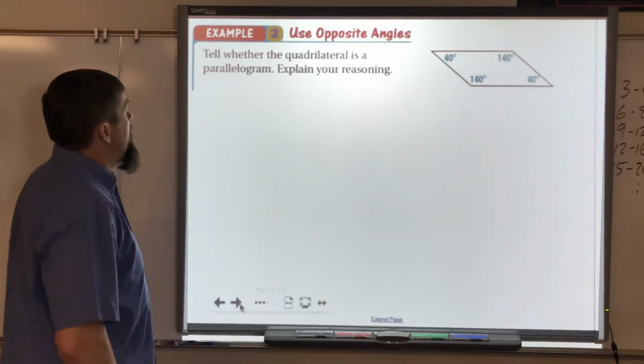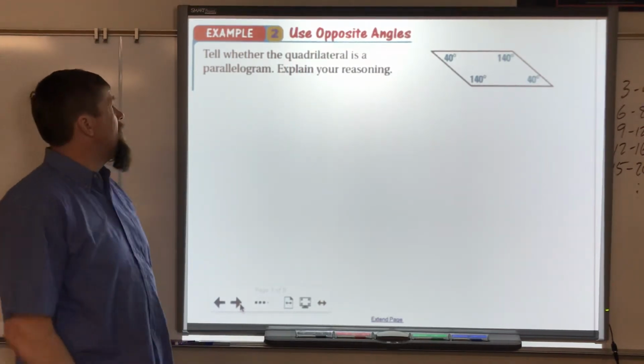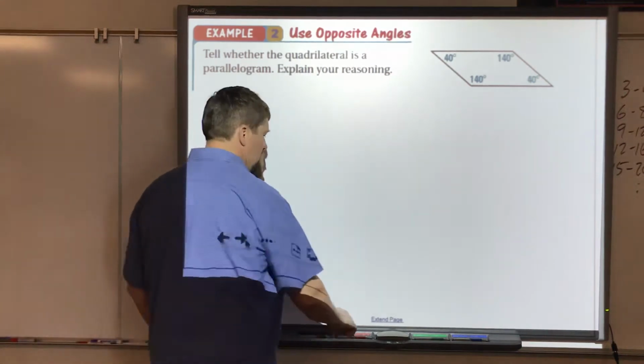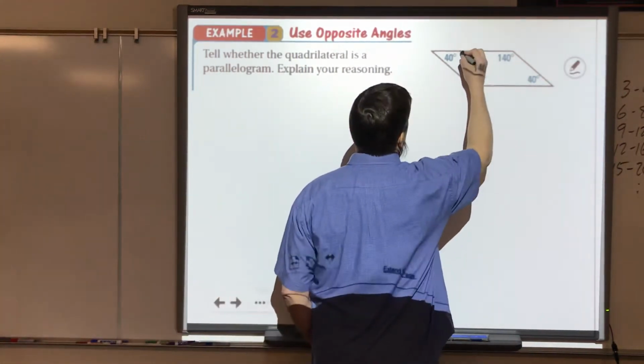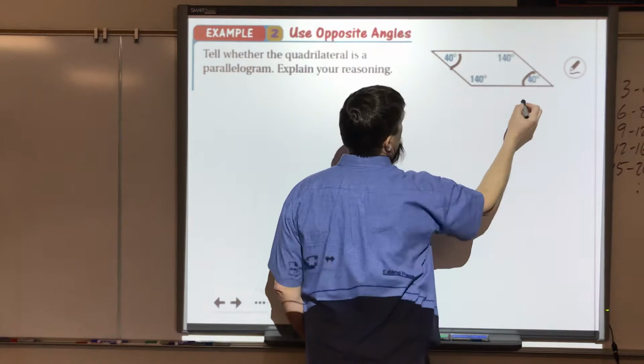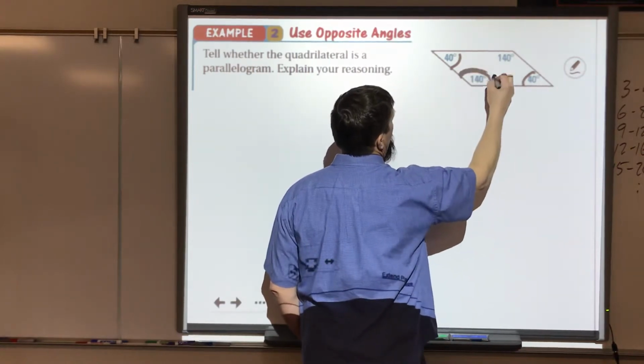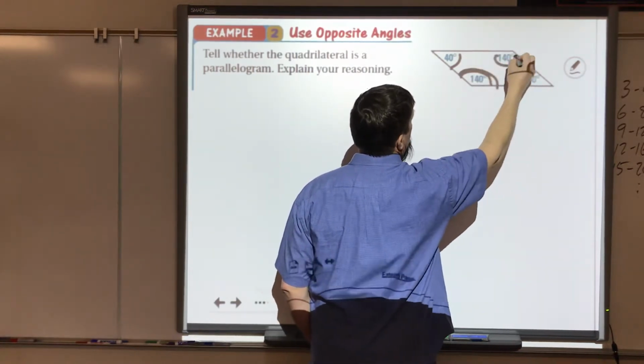All right, tell whether the quadrilateral is a parallelogram. Okay, so we know that this one is 40, this one is 40, this one is 140, and this one's 140.